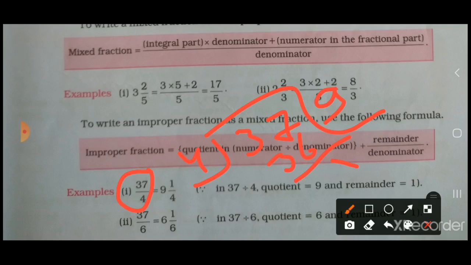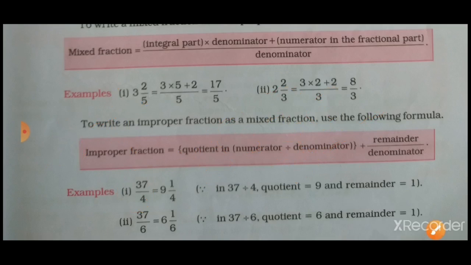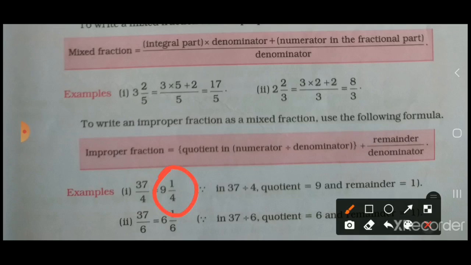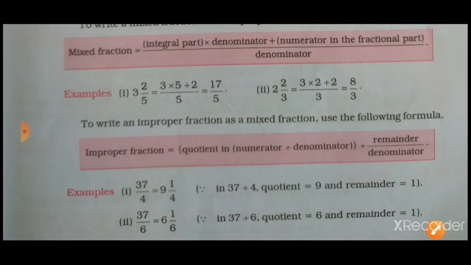In this case you write the quotient 9 as the whole number and the remainder as the numerator of the fractional part, and the denominator you take the same. 9 whole 1 upon 4. All these things we will apply in the exercise.